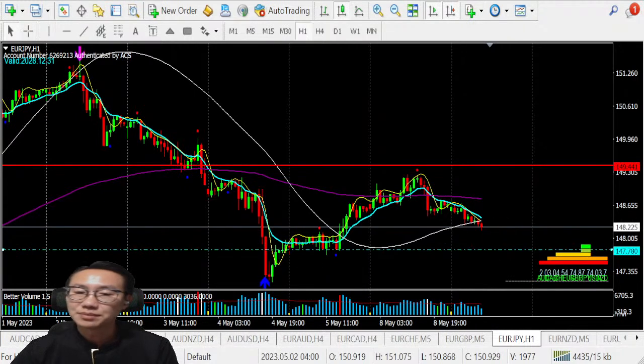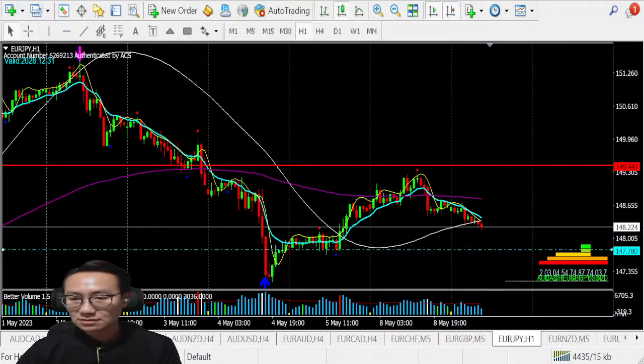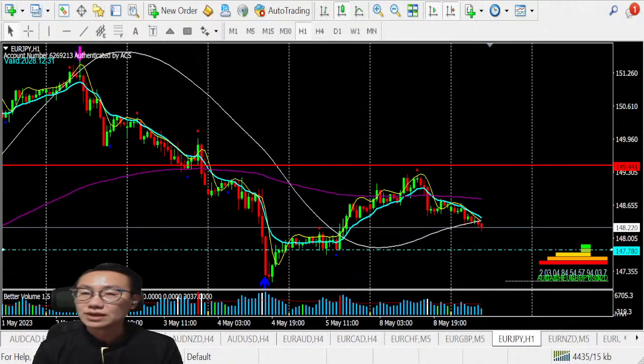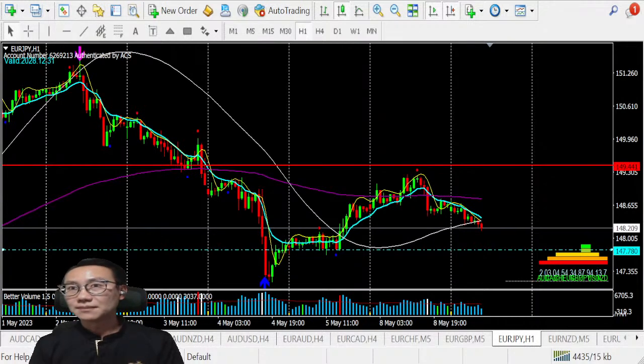We have about 47 pips. So Euro yen, although it's against the trend, it is still okay. We still have good space down there before it bounces back into the bull.